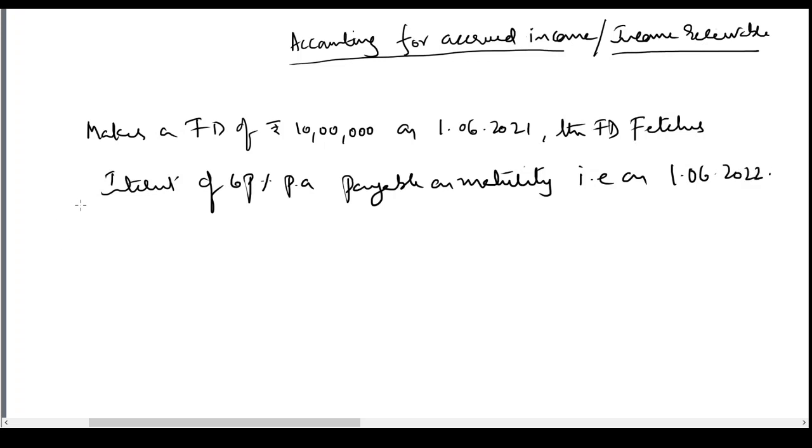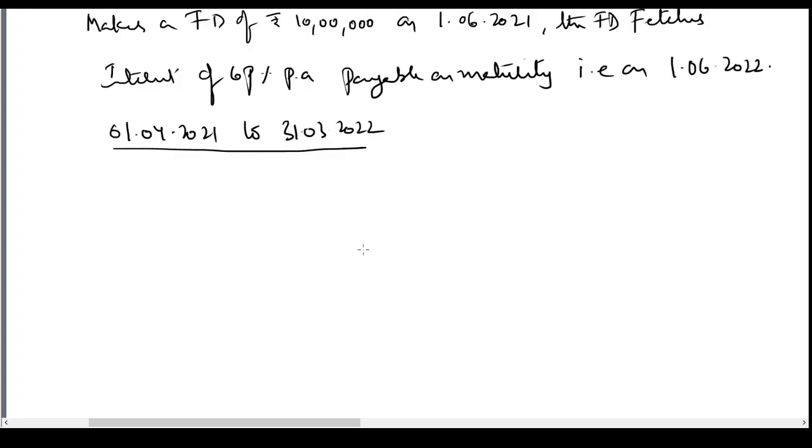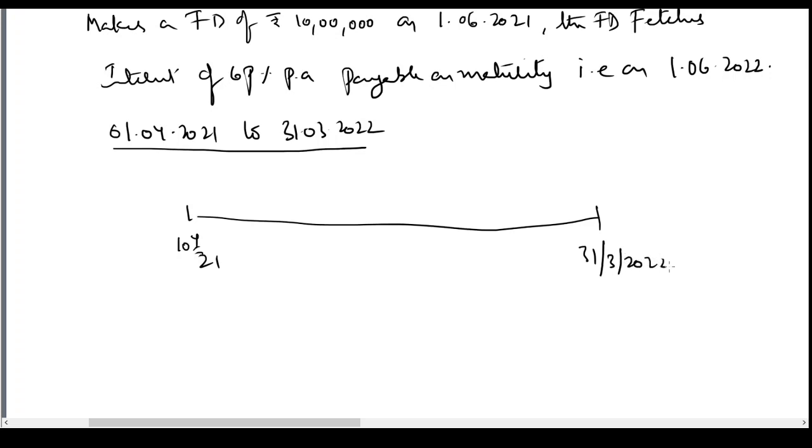So this is the situation before you. You are the accountant of the business. We are preparing our accounts for the period 1st April 2021 to 31st March 2022. This is my accounting period. My accounting starts on 1st April 2021 and ends on 31st March 2022.